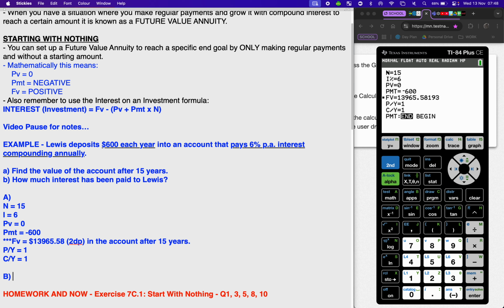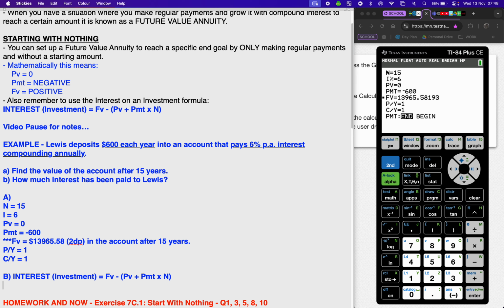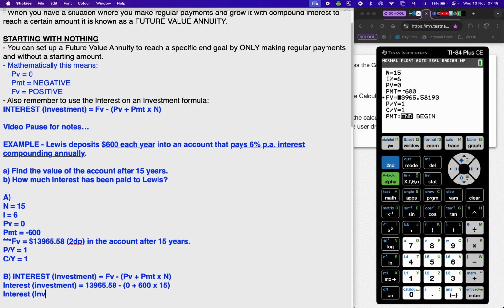B, how much interest has been paid to Lewis? You have this formula here. So you just enter the numbers from your TVM solve. Investment equals, it finished off at $13,965.58 minus PV. It didn't start off with a PV, plus the $600 payments 15 times. So interest, investment equals.